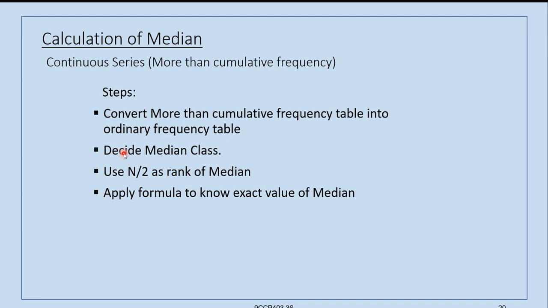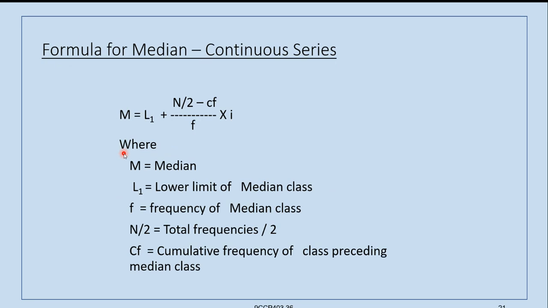So I think you all remember that median is equal to L1 plus n by 2 minus CF by F into i. This you have to learn by heart. This is the formula, and this is the explanation.